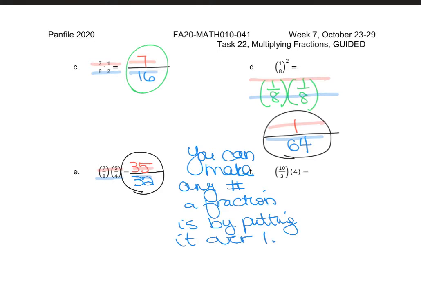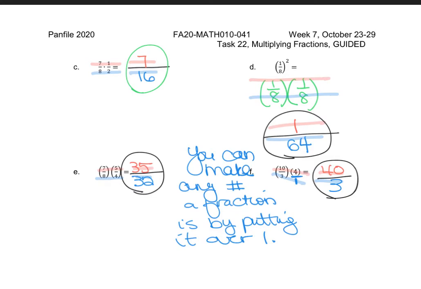So what do I mean by that? 4 doesn't look like a fraction, but you can make it a fraction by putting it over 1. Okay? So now multiply the tops, multiply the bottoms. 10 times 4 is 40. 3 times 1 is 3. You have 40 over 3, which doesn't simplify.